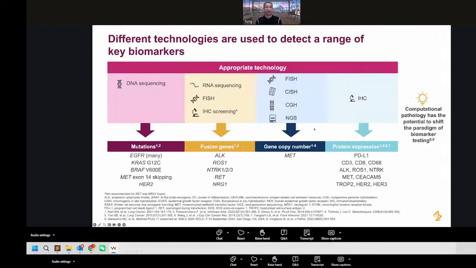All right. So what are we going to talk about today? Going to the slides, over the past maybe 20 or 30 years, biomarker testing has expanded rapidly from single-endpoint assays to multi-layer panels, right? So we now routinely interrogate the four classes shown on the slides: mutation, fusion, copy number, and protein expression.